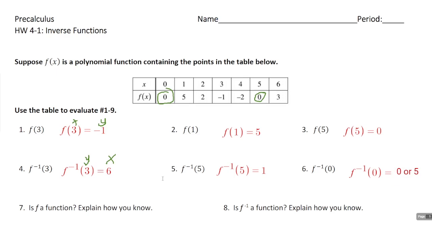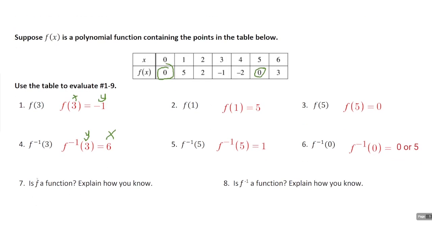Okay, number 7 says, is f a function? Well, we just talked about the fact that the inverse is not a function, but let's verify whether or not f was a function to begin with. Notice that there are no inputs that give two different outputs. Each input, 0, 1, 2, 3, 4, 5, 6, is only mapped to a single number. 0 goes to 0, 1 goes to 5, 2 goes to 2, so on.